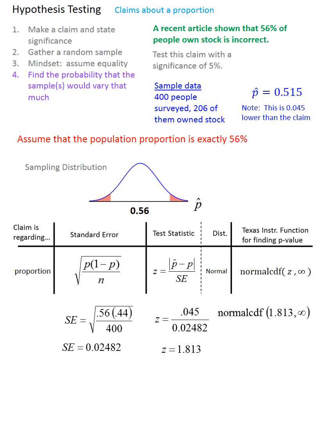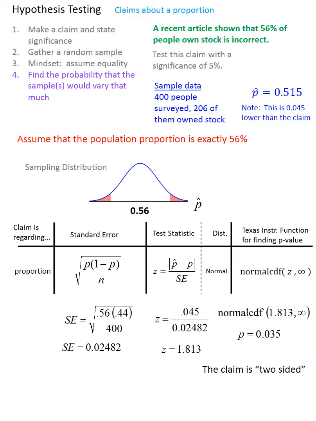So I'm going to use the normal distribution now to find out the probability that my sample data would be that far away from the mean. And what I have here is a probability value of about 3.5%. But this is what we call a two-sided claim.